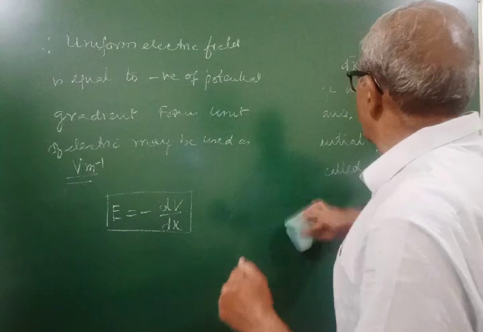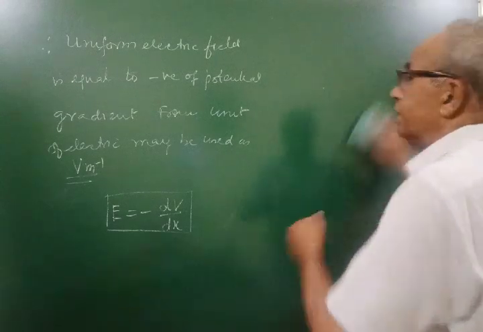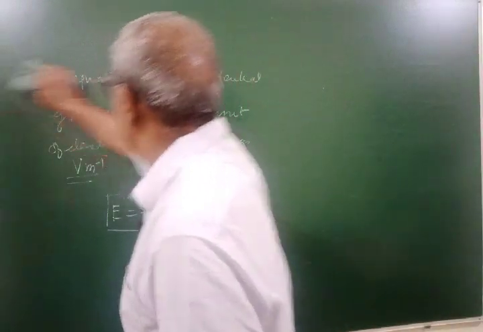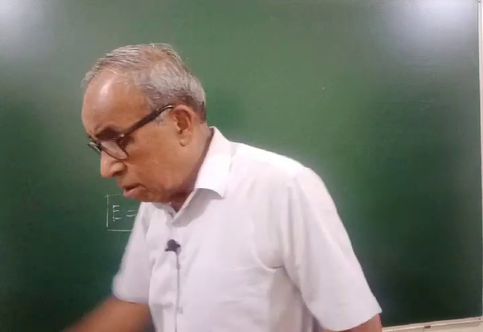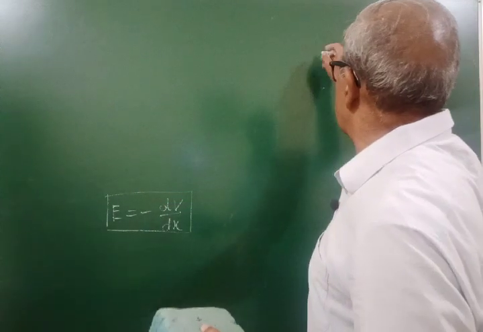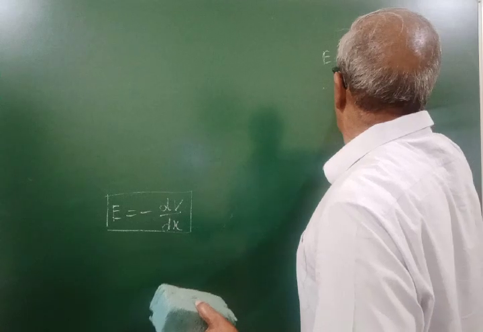And you may be asked to write the dimensional formula for electric field. Basically, I think I have told you that E is equal to F by Q0.